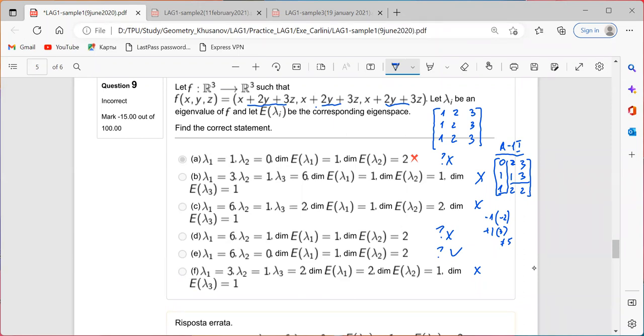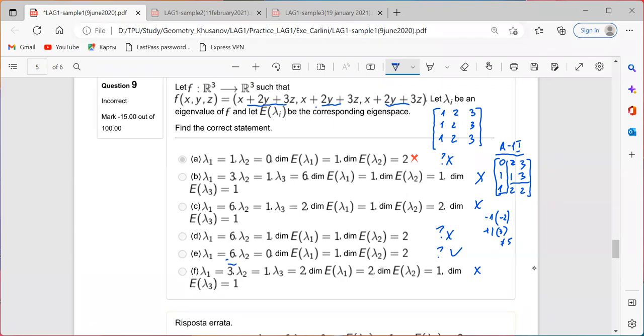We can put 6 instead of lambda, and you will obtain a matrix. And then just check if the determinant is equal to 0. If the determinant equals 0, then this lambda is an eigenvalue. You can check that the determinant of A minus lambda I when lambda equals 6 is equal to 0. That's why it's correct.